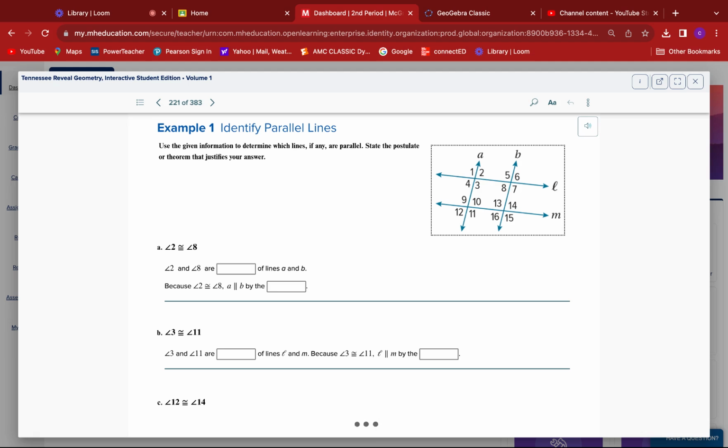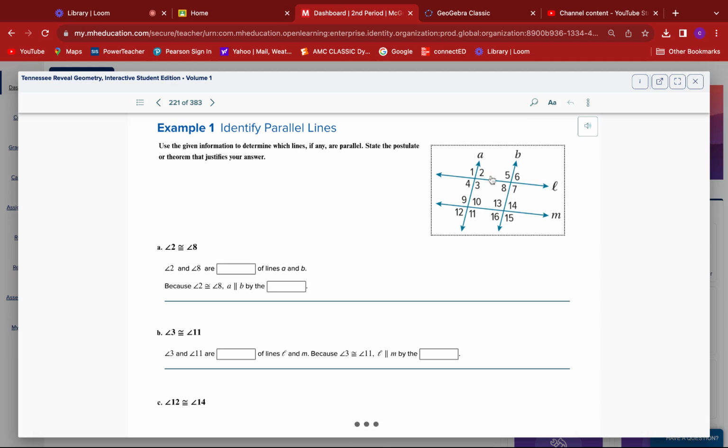So they're alternate something. They're either alternate interior or alternate exterior. Well, here's how you tell. If L is the transversal, and by definition, a transversal is a line that crosses two or more lines, it crosses the other two that I said, A and B. Those are the two lines that L crosses. Now, the question is, are angle 2 and angle 8 between A and B or not between A and B?